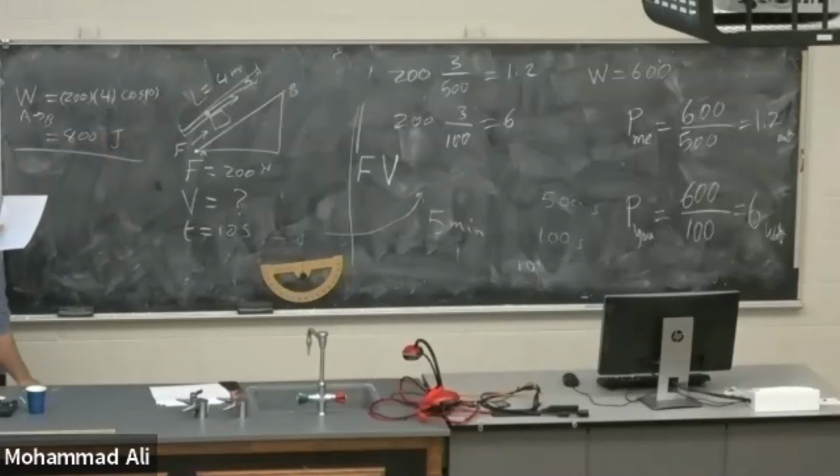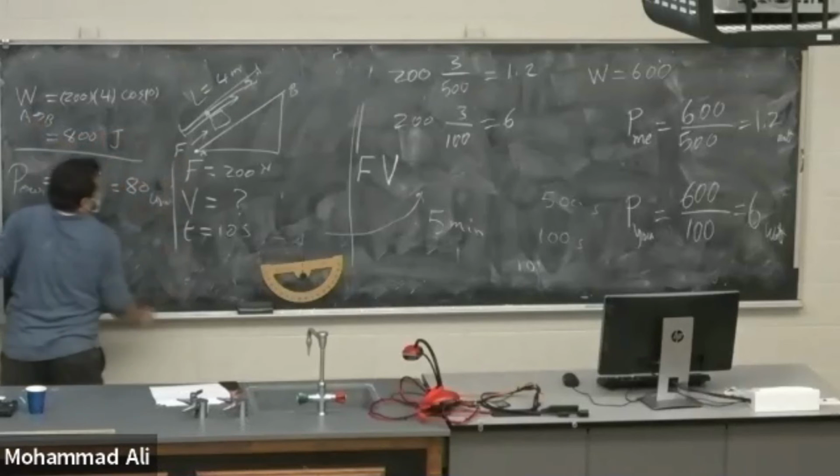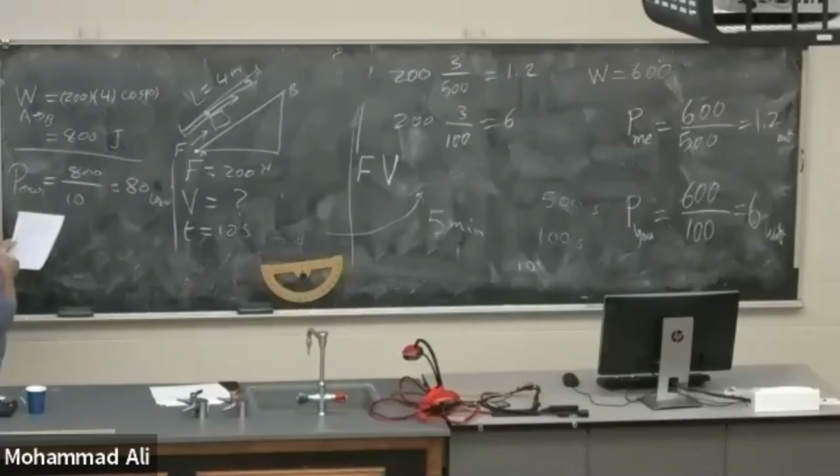During the whole time, find the power. The power is equal to the work divided by the time. 800 over 10, which is 80 joules. 80 watts, I'm sorry. What is the velocity?